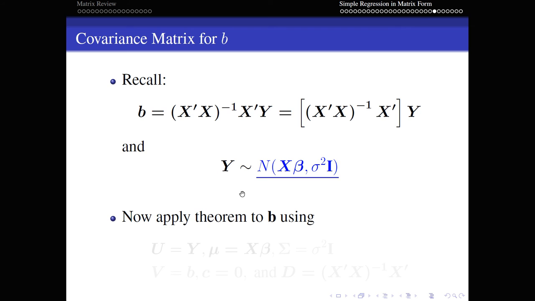So now we're going to apply the theorem to this vector of parameter estimates. And again, U is going to be this Y vector. Mu is the mean of the Y vector, X beta.